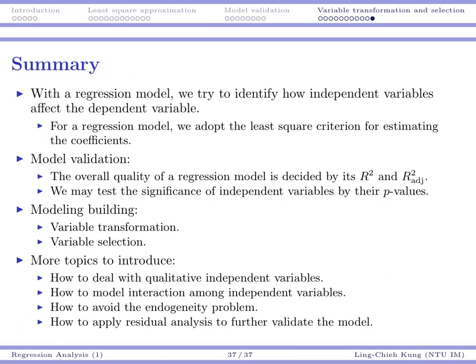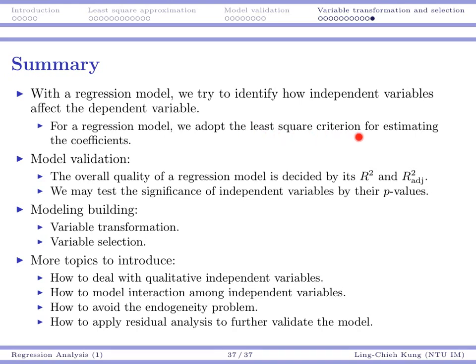Okay, a quick summary. With a regression model, we try to identify how independent variables affect the dependent variable. With such a model, we adopt the least square criterion for estimating the coefficients. Eventually, you will just use software. You don't need to use that formula, but I hope you understand what's the basic principle.